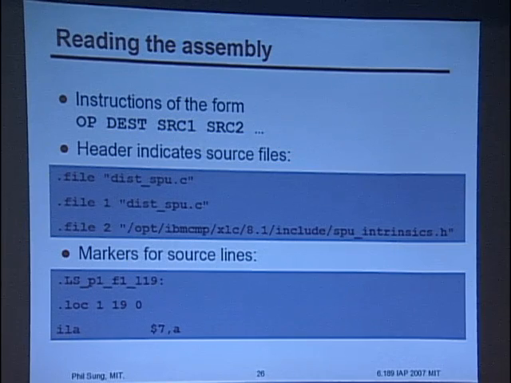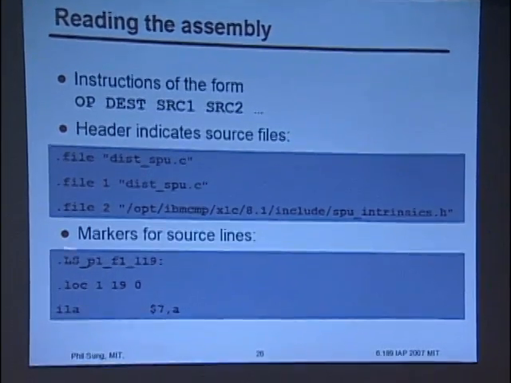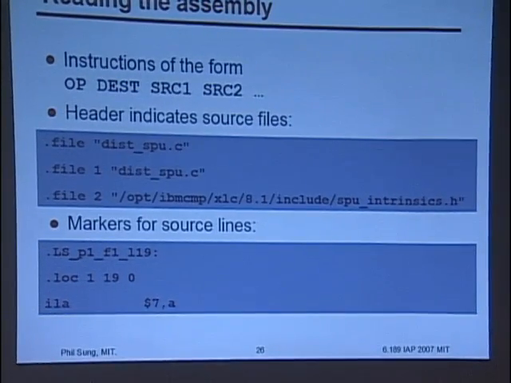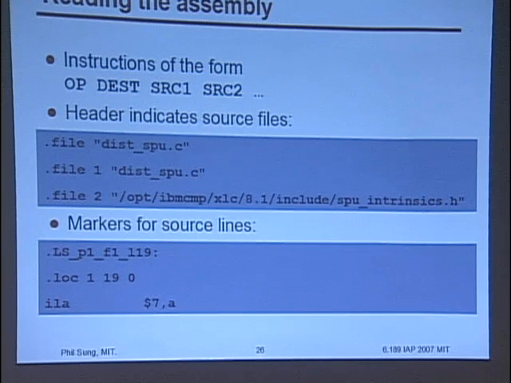And if you're trying to orient yourself in the generated assembly, there are sometimes these helpful markers. If you're looking at the generated assembly for dist to SPU, it's going to have a header at the top which says which files were included inside this file.